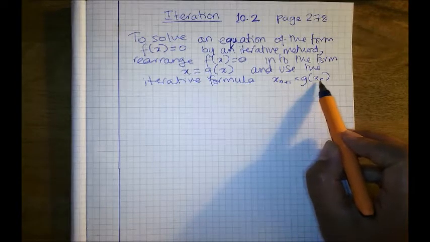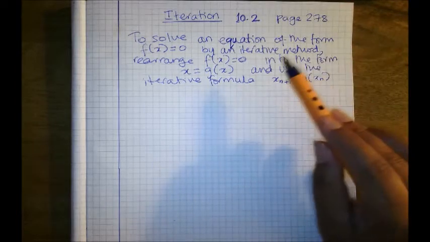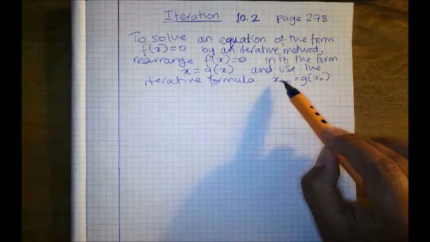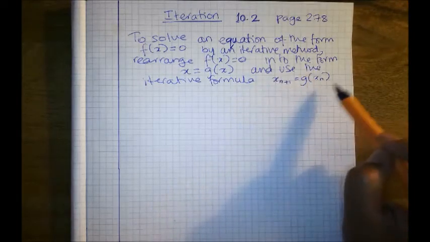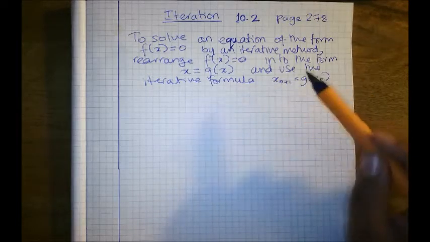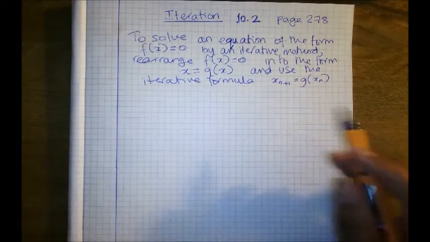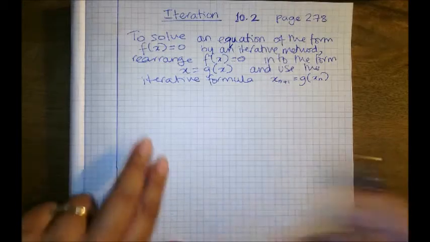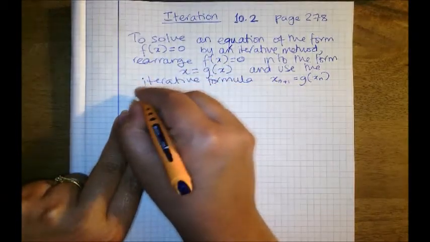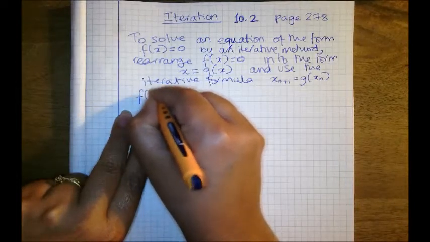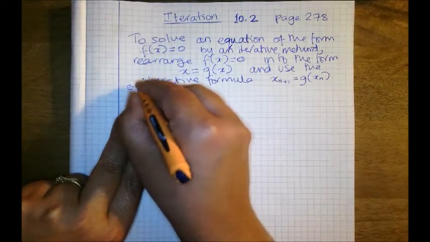Okay, and then use the iterative formula, which is actually a recurrence relation that you've met in chapter 3, I believe, of sequences. Okay, so you've met a recurrence relation in chapter 3 of your book 2.